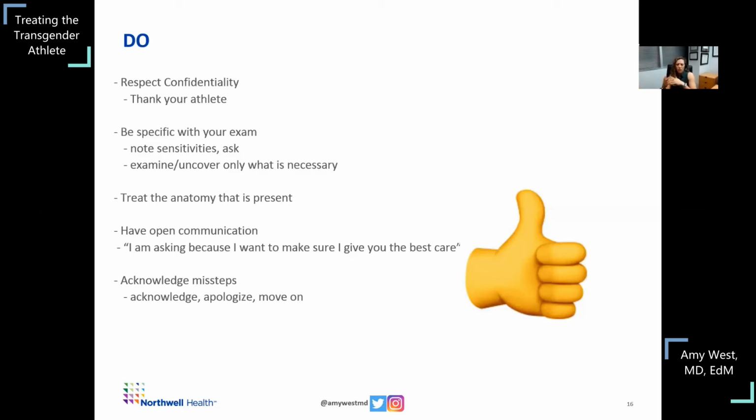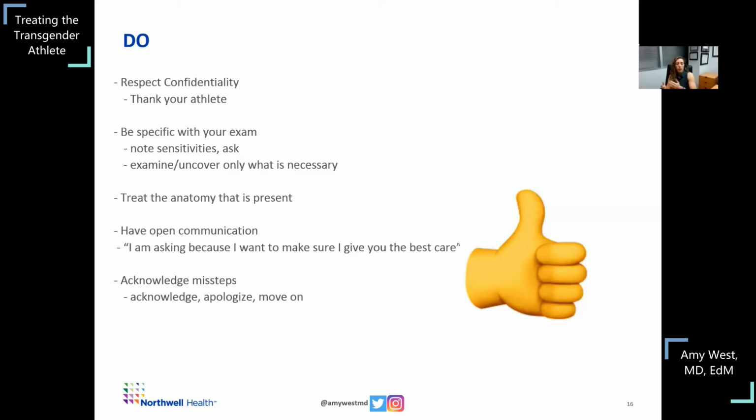So with things like that you want to be very clear about what your intentions are, and explain yourself. Similarly, you want to treat the anatomy that's present, such as requiring certain protective gear for certain areas. You have to know what's there so that you can treat it. So asking questions in a respectful way is a good way to do that.